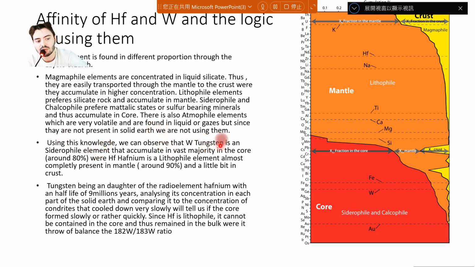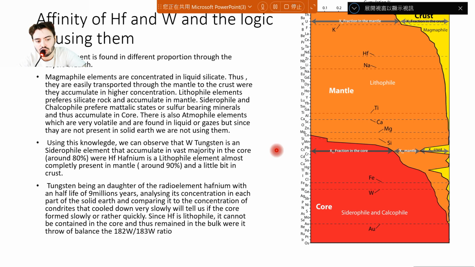Using this knowledge, we can observe that tungsten is a siderophile element, which is almost completely present in the core, around 80%, whereas hafnium is a lithophile element, almost completely present in the mantle, around 90%, and a little bit in the crust. Tungsten is the daughter of the radioactive element hafnium, which has a half-life of 9 million years.